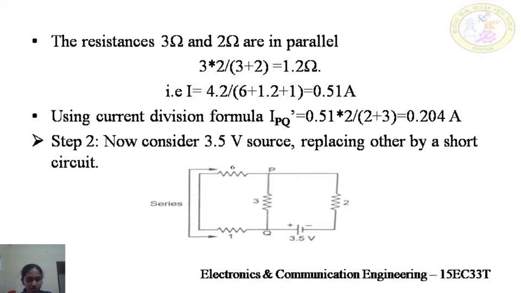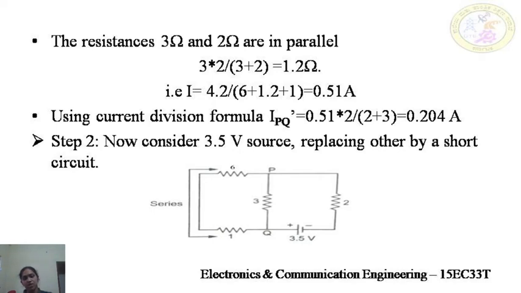In step 2, now consider the 3.5 volt source and replace the other by a short circuit. The 3.5 volt source is considered and the other source is replaced by a short circuit. In this network, the 6 ohm and 1 ohm are in series.